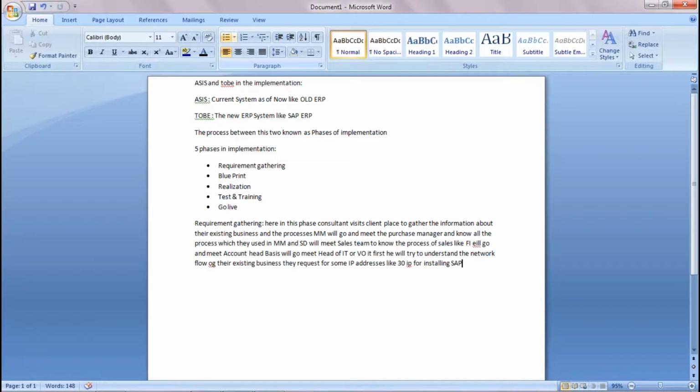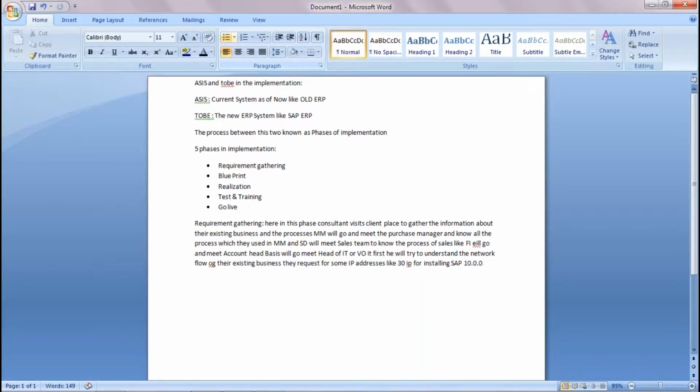Why 30 IPs? It is not as if they are going to implement just SAP. Sometimes in future they implement SRM also, CRM also, routers also. They reserve 30 IPs for SAP for the next 5 years.